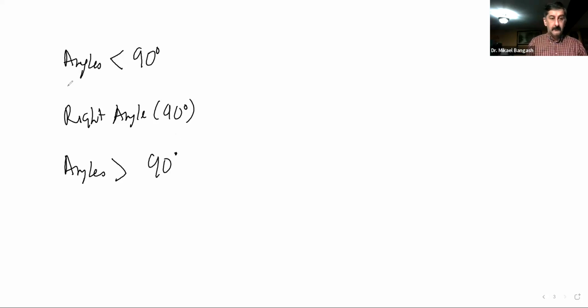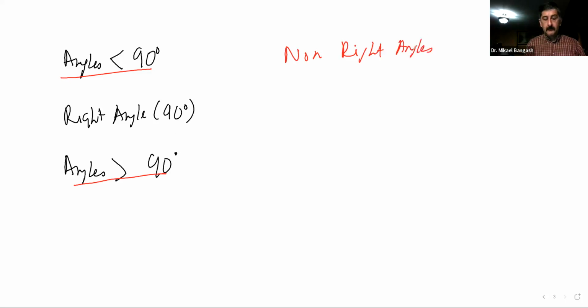Both of these are non-right angles, which are not 90 degrees, and can collectively be called oblique angles.